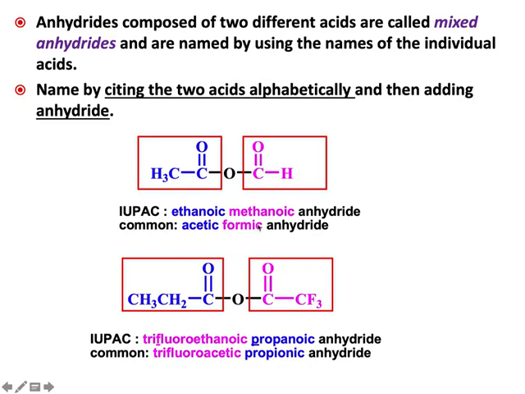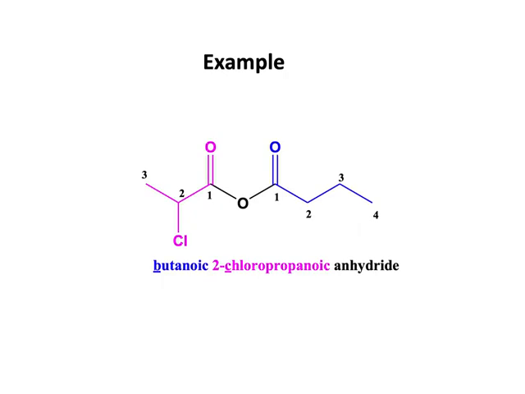So here is the common name. This is an example of acid anhydride. Anhydride means that between the acyl groups there is an oxygen.